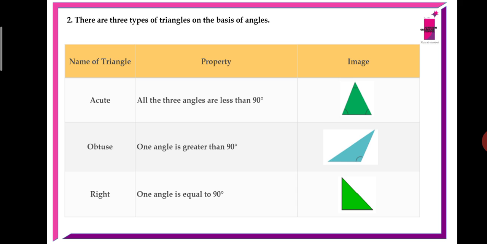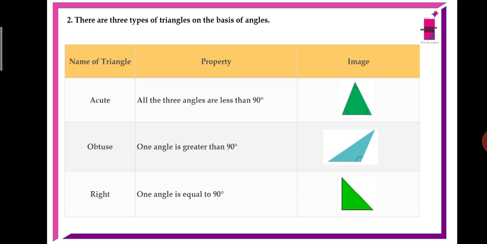Now, for example, based on the sides and angles, we have different names. If you compare these two names, like acute angular triangle, you can have scalene, isosceles, as well as equilateral.